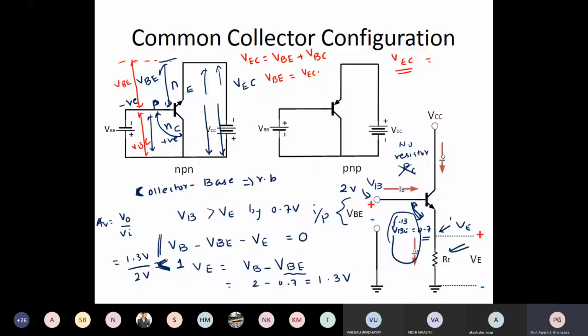Okay, so if VEC is constant and I increase VBC, look what is happening. If I increase VBC, what will happen to VBE? It will decrease. Very good. If VBE decreases, what will happen to IB? Remember, VBE is creating IB. So naturally, if VBE decreases, IB also decreases.